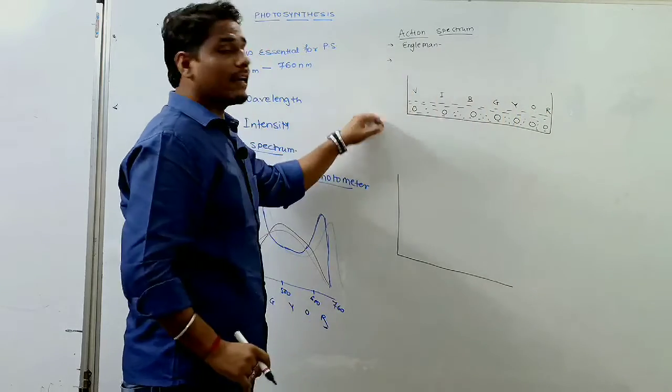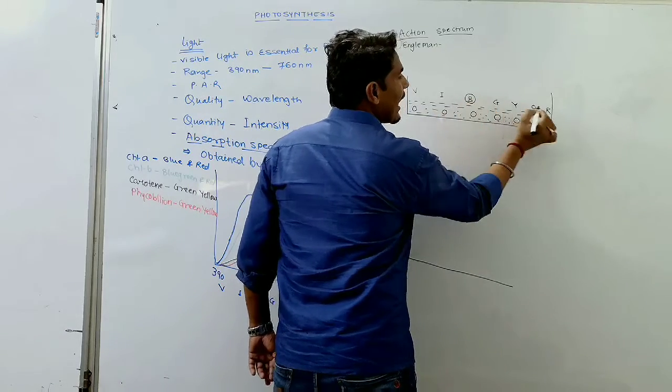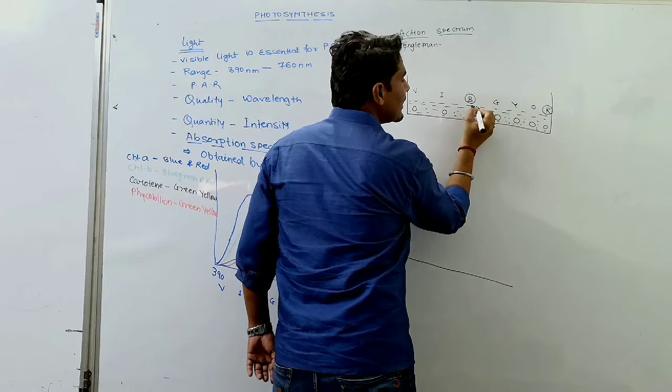Engelmann observed that in the blue region and in the red region, the evolution of oxygen is more.